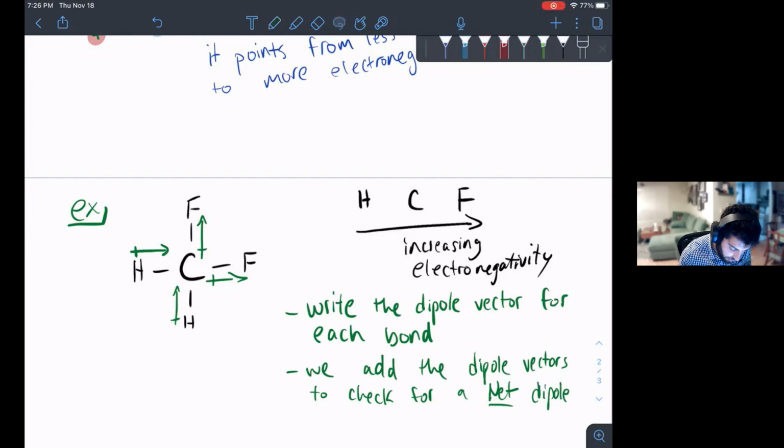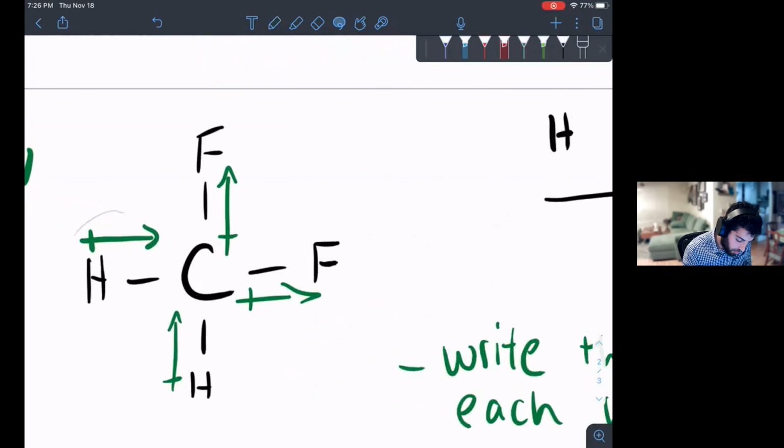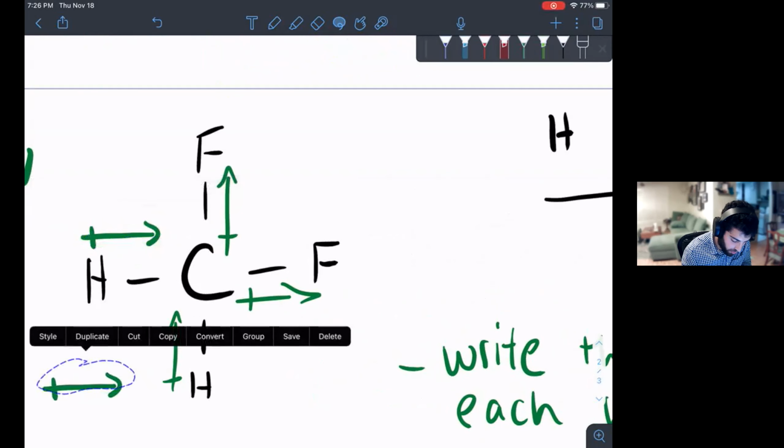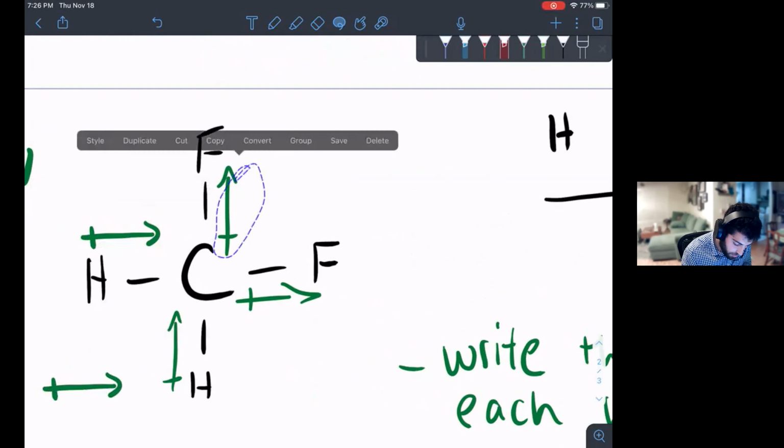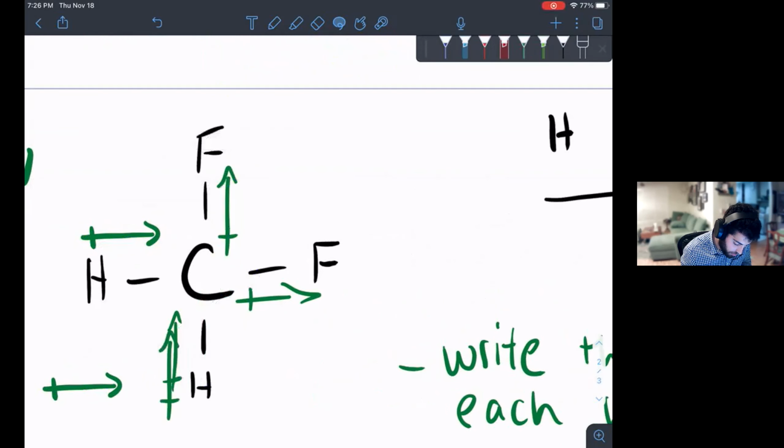So I'm going to use my fancy program for this. I'm just going to duplicate that and stack them all up, and I'll add all my vectors.